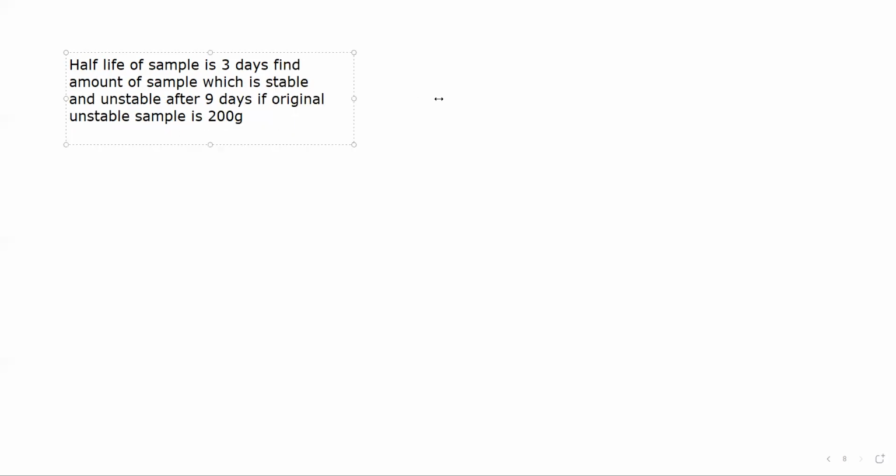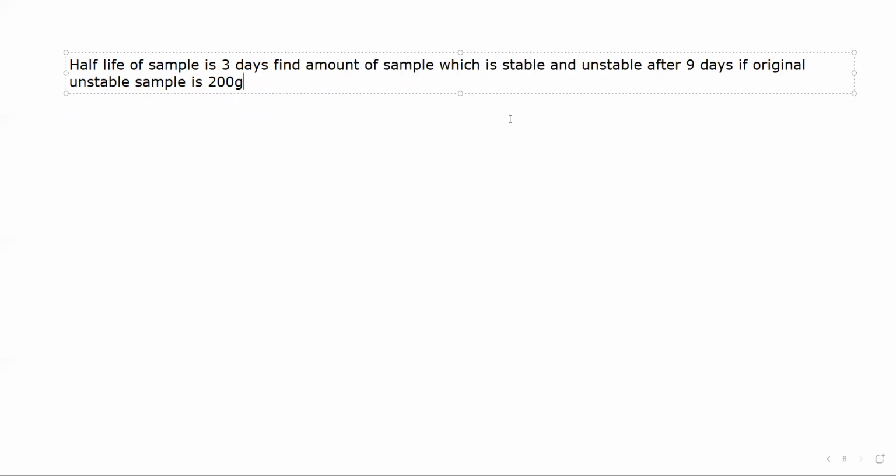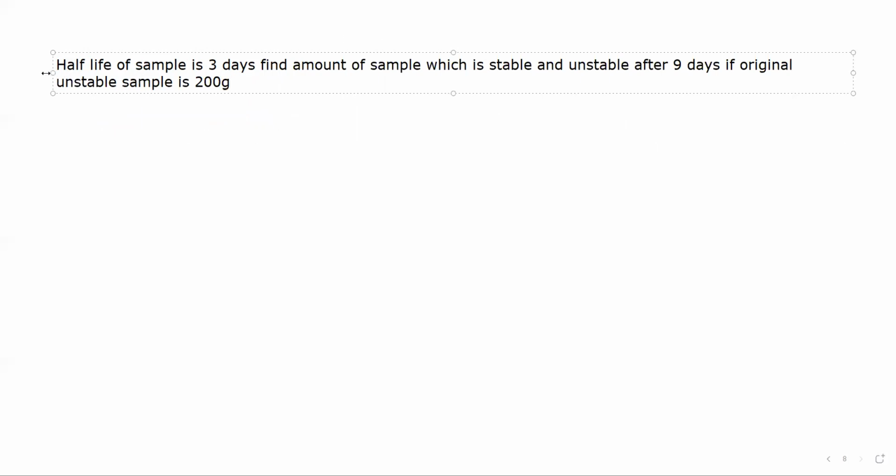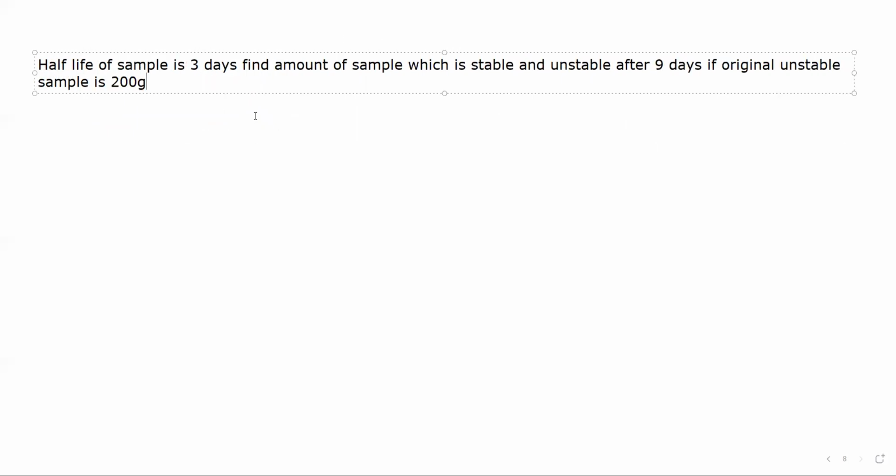The half-life of the sample is 3 days, meaning that after every 3 days, it will turn half of its original value. Find the amount of sample which is stable and unstable after 9 days if the original unstable sample is 200 grams. So originally we have 200 gram, which is unstable.